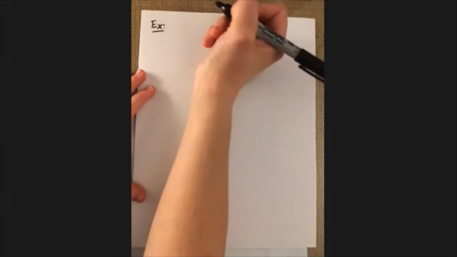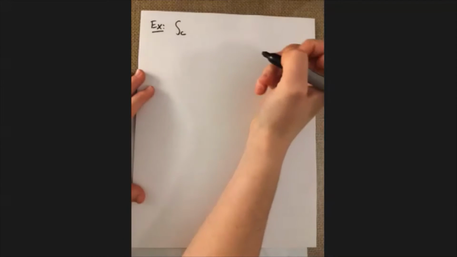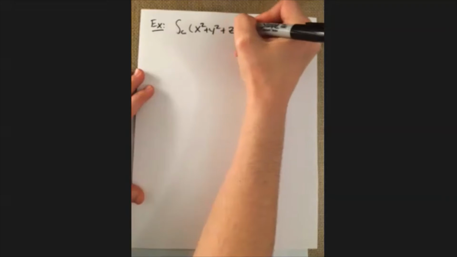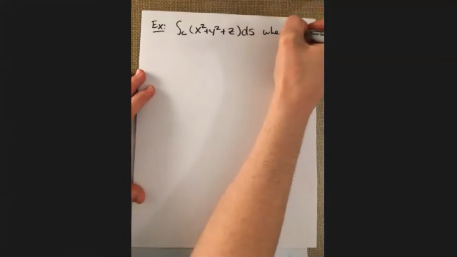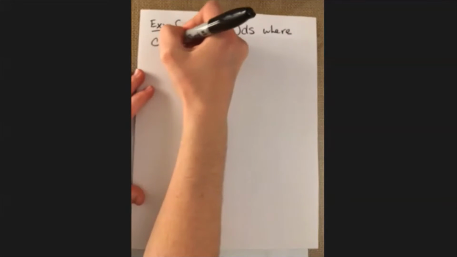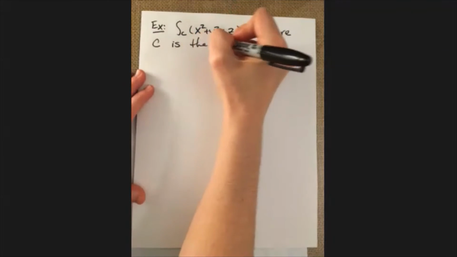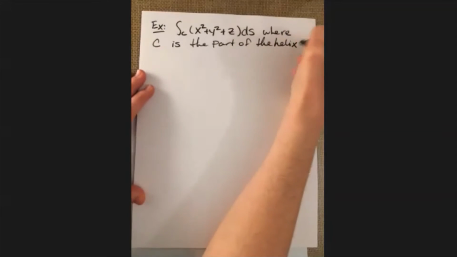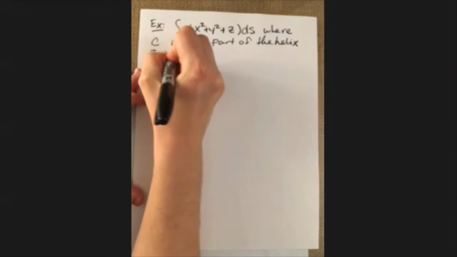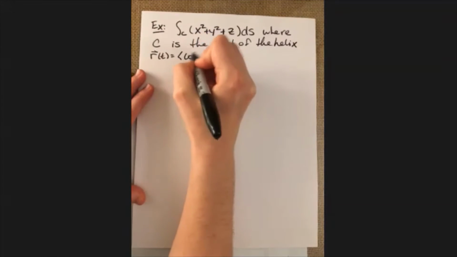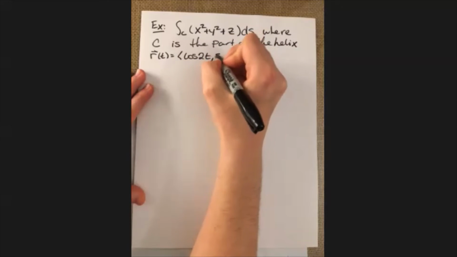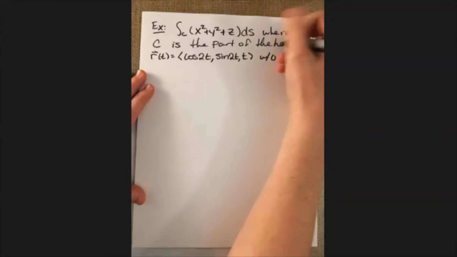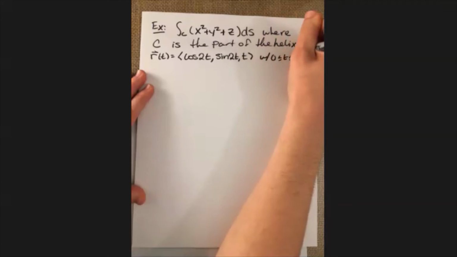In this one, we are going to take the integral over a curve C of x squared plus y squared plus z ds, where our curve is the part of the helix given by r of t equal to cosine of 2t, sine of 2t, t, where t is greater than 0 but less than or equal to 4 pi.